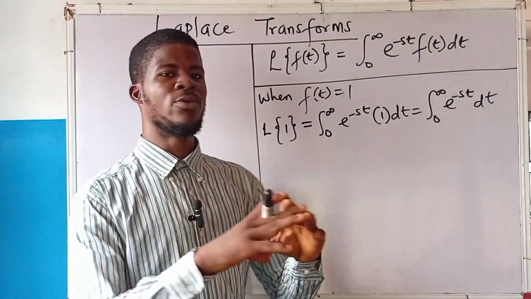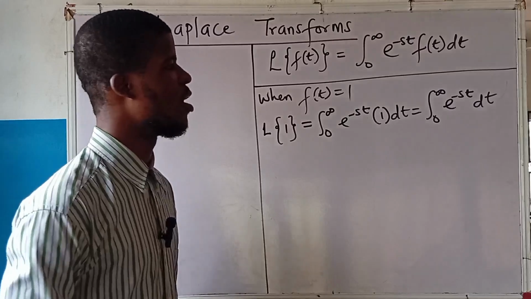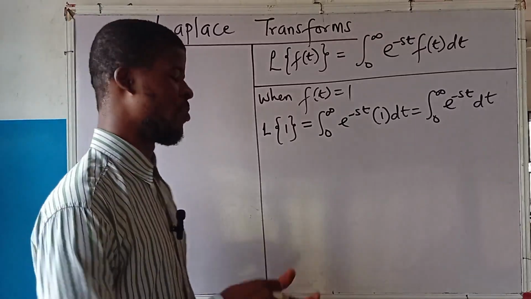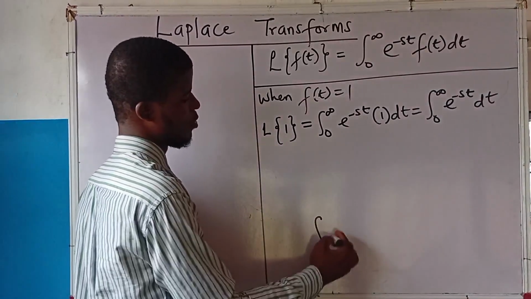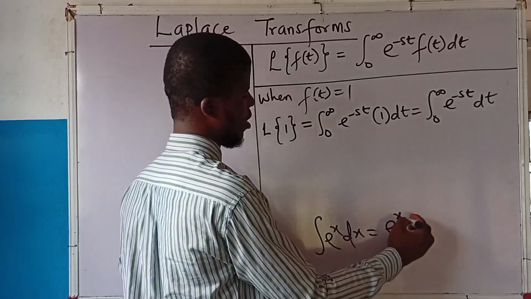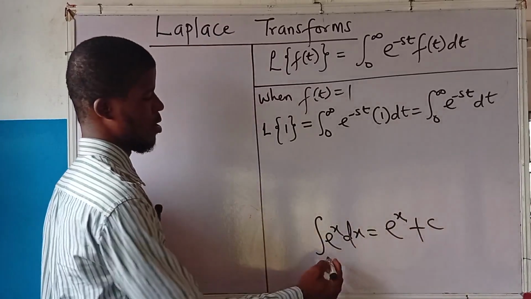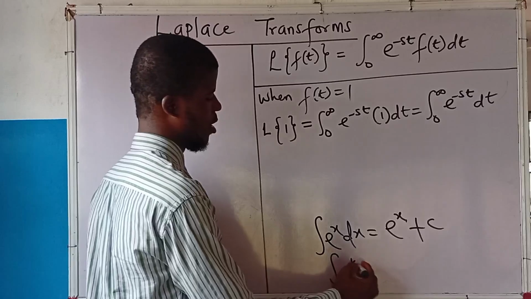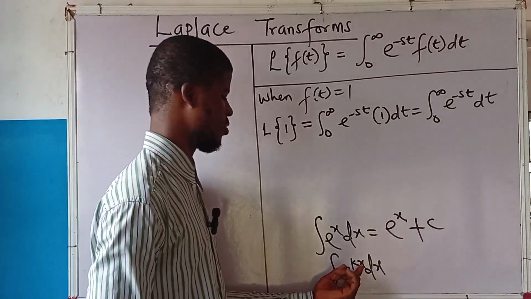Now, remember the rule of integration. When we're integrating the exponential function, what is the integral of e to the power of x? The integral of e to the power of x dx is the same as e to the power of x, plus c. Remember, the integral of e to the power of kx dx, in this case now, x has a coefficient.